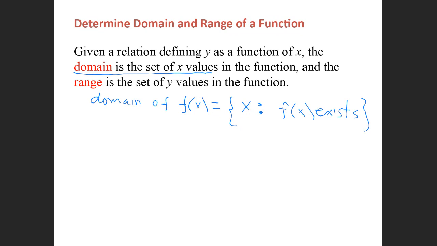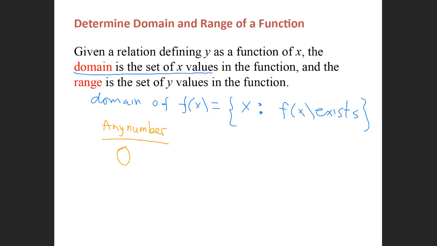We said we have two main cases for which f of x does not exist. If you remember, dividing by 0. Dividing by 0 does not exist. If we have any number divided by 0, this does not exist.